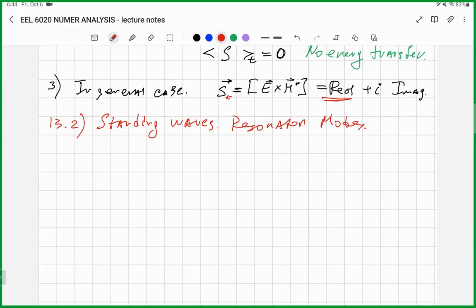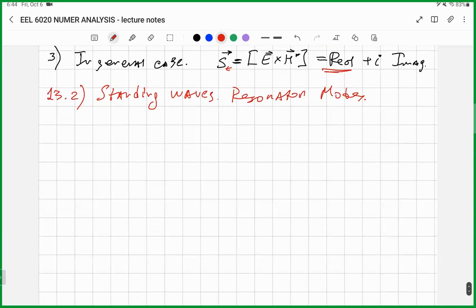And why don't they propagate anywhere? Because electric and magnetic fields have a phase difference of pi over 2, roughly pi over 2. Those of you who are aware of the properties of metals, we will discuss this briefly, hopefully next time.